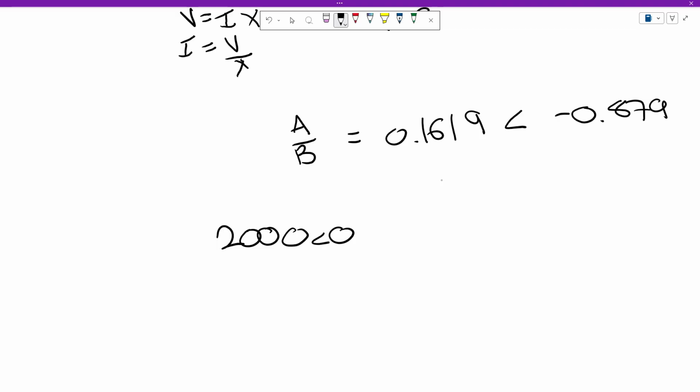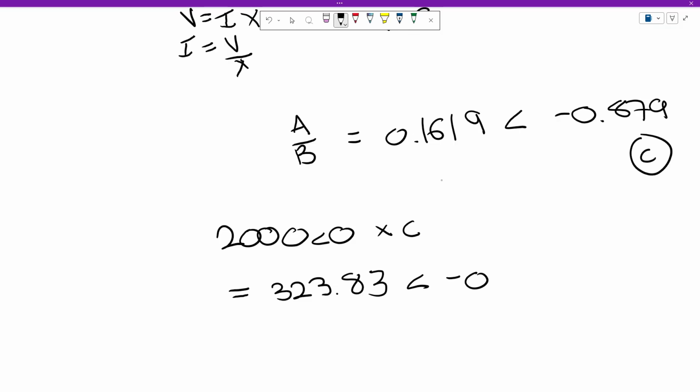So we'll do 2000 at an angle of 0 times this, which I saved as C, which is 323.83 at an angle of minus 0.879, still, because this is multiplying with no change in angle. Now this is the voltage over the resistor.